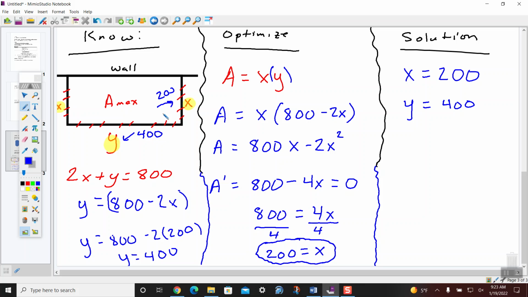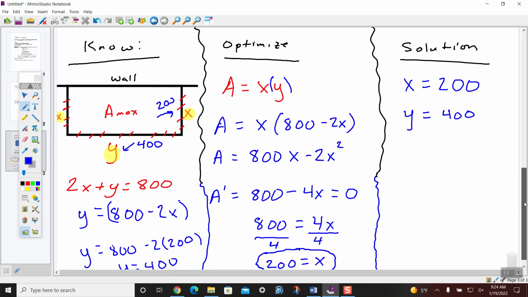One thing about optimization problems, and it could probably be another tip, a 5th tip that we didn't put in the notes: always go back to your optimization question and ask yourself, what is it they really want to know? Yeah, we found some dimensions. X is 200, Y is 400. Does that necessarily mean we're done with the question? Well, maybe if the question says, what are the dimensions that get you the largest possible area?